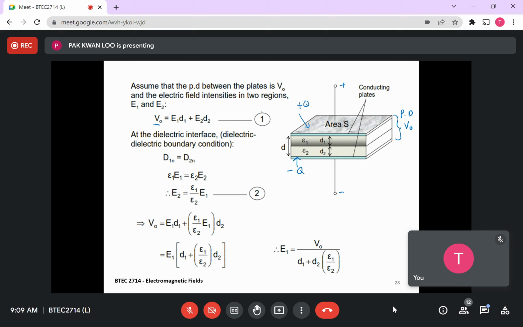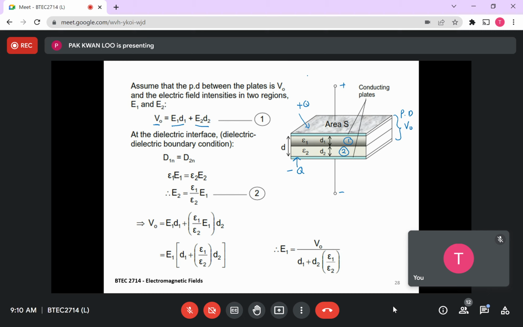By looking at equation 1, V naught is equal to the electric field in the region of permittivity epsilon 1, region 1, multiplied by its thickness, plus the electric field in region 2 multiplied by its thickness. If you see carefully, these two terms represent the potential itself in regions 1 and 2 respectively.